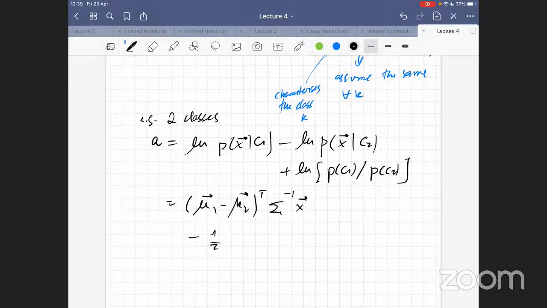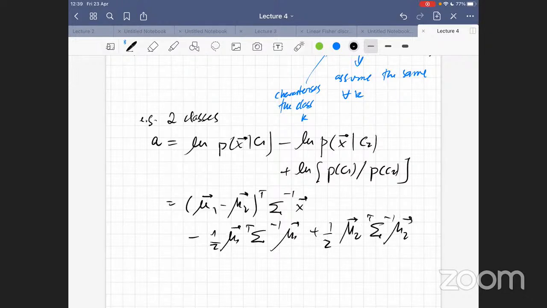Minus 1/2 mu1 transpose mu1 plus 1/2 the same for mu2 plus, of course, the log of P(C1) over P(C2).